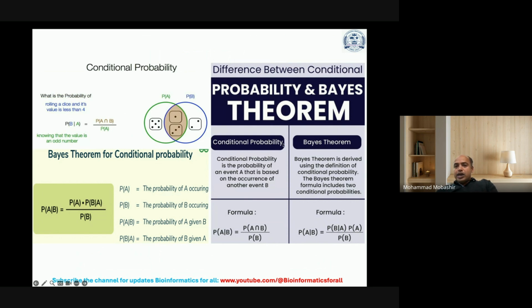So this is derived from conditional probability. The Bayes theorem formula includes two conditional probabilities, as you can see here. This is conditional probability, this is Bayes theorem. So you can say the modified form of conditional probability is Bayes theorem.